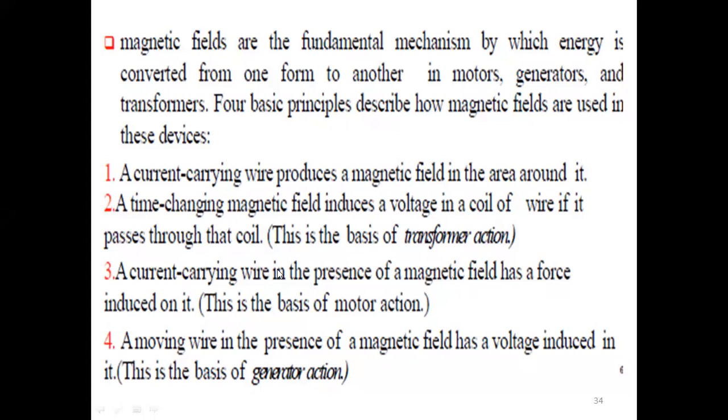Next one, a moving wire in the presence of a magnetic field has a voltage induced in it. A moving wire means अभी हमने कुछ सप्लाई नहीं दी है, बट क्या देते हैं, जोर से पानी से प्रेशर से हमने हैंडल मारने के बाद हमारा करंट आ जाते हैं.